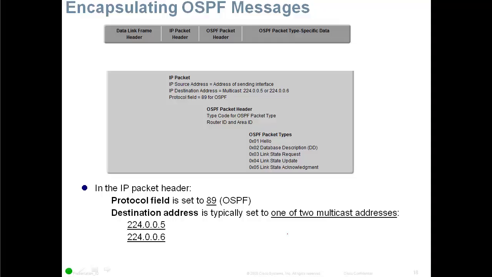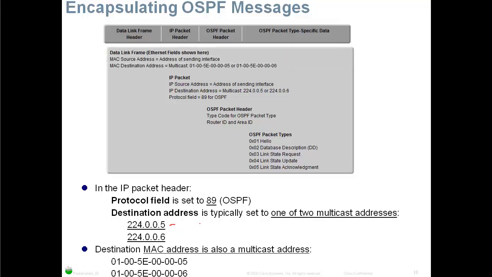The destination address is typically set to one of two multicast addresses: 224.0.0.5 and 224.0.0.6. 224.0.0.5 goes to all OSPF routers, and 224.0.0.6, which we'll talk about a little more very soon, is for DR and BDR only. So the DR and BDR listen to this address, and all other routers listen to 224.0.0.5.